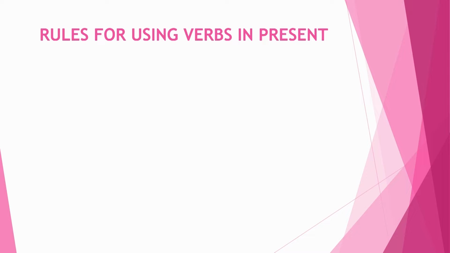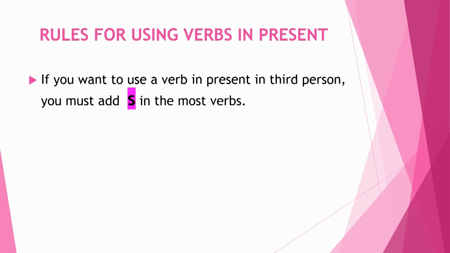In the simple present, for using the verb, there are rules for using verbs in present tense. So you can see the rules are these. If you want to use a verb in present in third person, you must add S in most verbs.